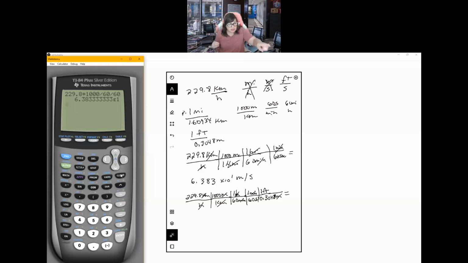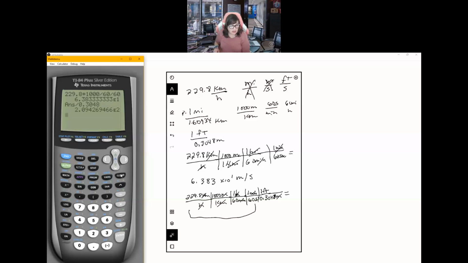Now, this number that I calculated here was all this stuff through this, right? So everything up to there. So now I just need to divide that number on my calculator by 0.3048. Hit enter.